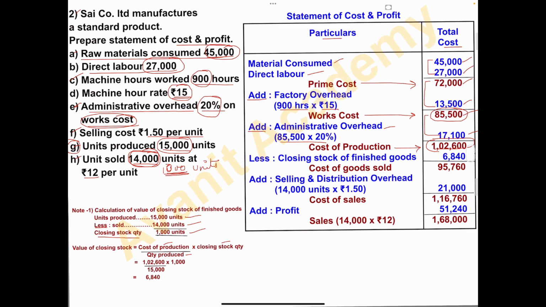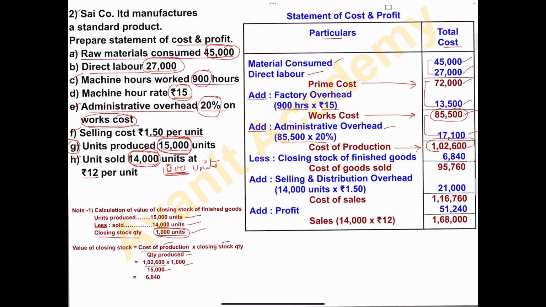During this period, 15,000 units are produced, into closing stock quantity, which we just calculated: 1,000 units.